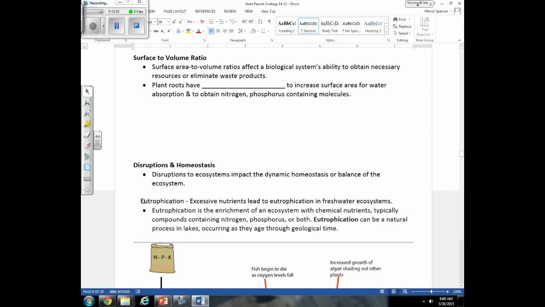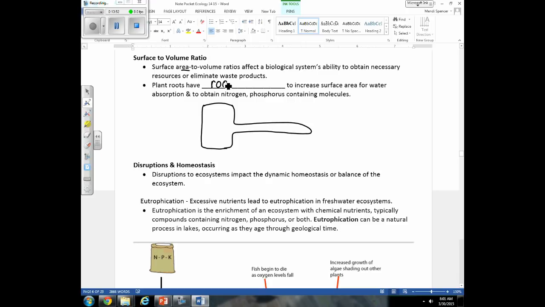Since we're talking about getting matter from the environment, let's review real quick surface to volume ratio. We know that cells have to have a high surface to volume ratio to be efficient at taking up materials. And so this is a good place to talk about plant roots. Whenever we look at a cell that's lining the root, we're going to see these extensions of their cell membrane.